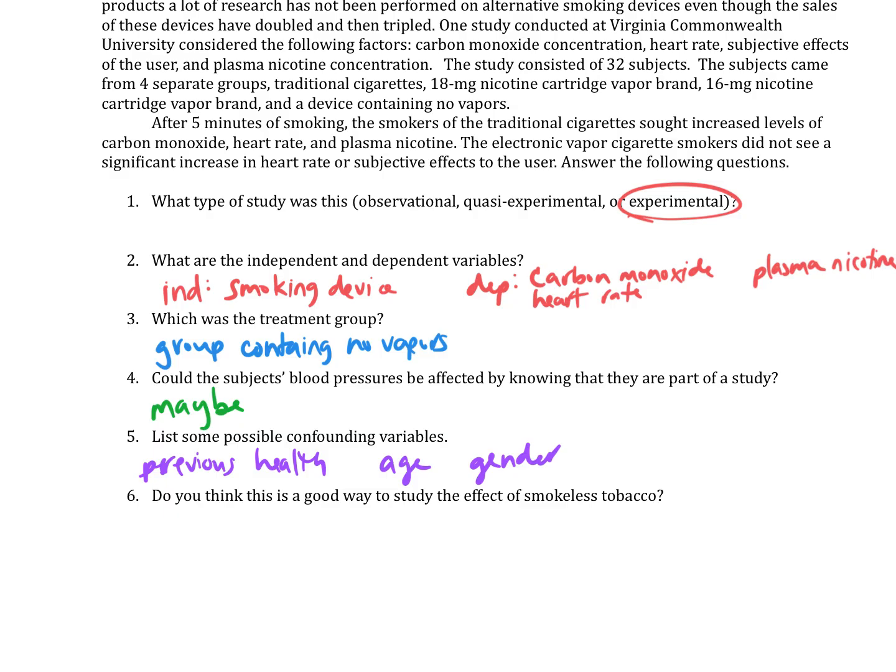Do you think this is a good way to study the effects of smokeless tobacco? Did you think that this represented a good study? It's okay. Could it be improved? Yes. I don't think this is a bad study. It could be improved. So how would we know if it's a good or bad study? Is it kind of just subjective, or based on, it was a random sample. It wasn't convenient. So generally speaking, that is going to help us.